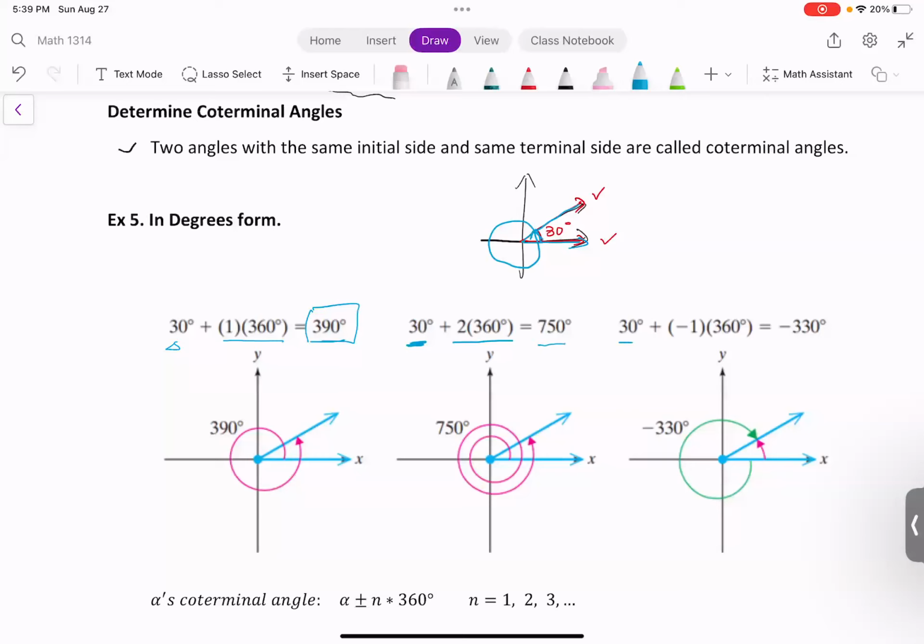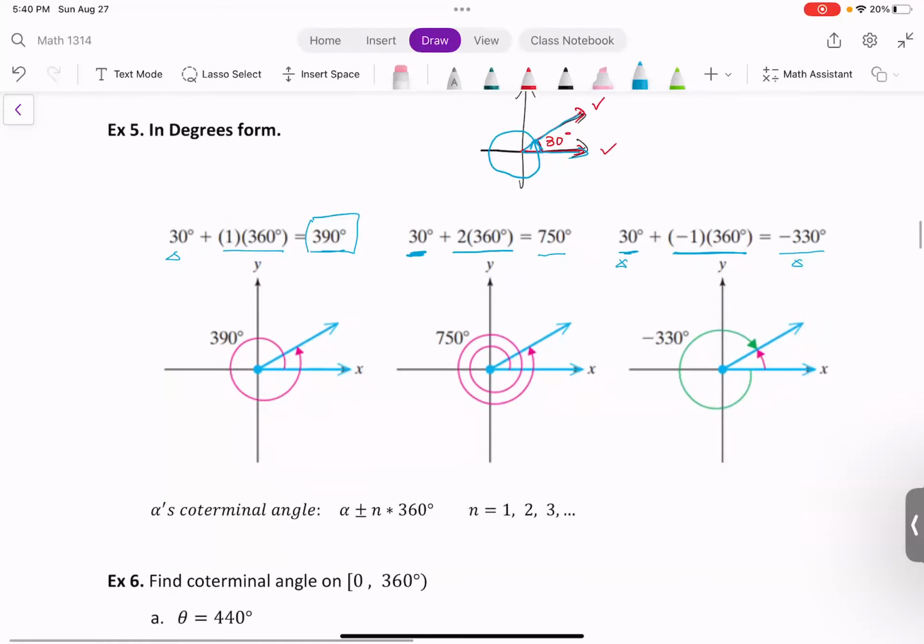How about 30 with a clockwise rotation, the opposite direction, plus negative 360? I get negative 330 degrees. So 30 and negative 330 are also coterminal angles.